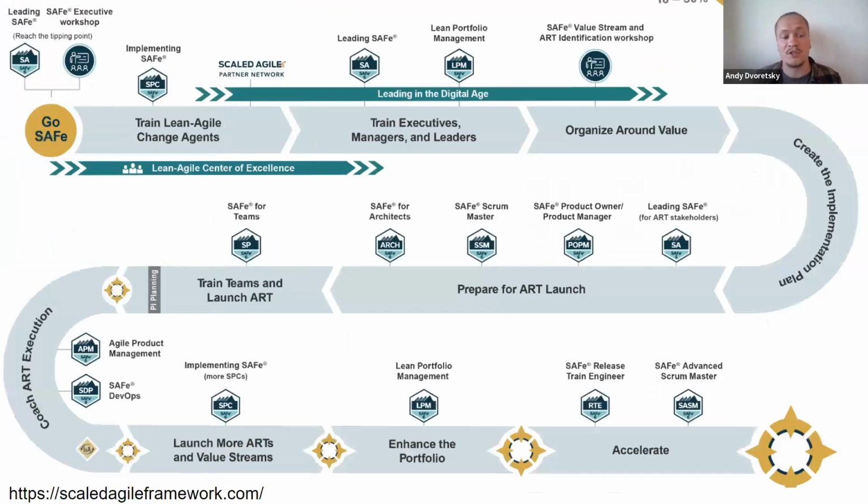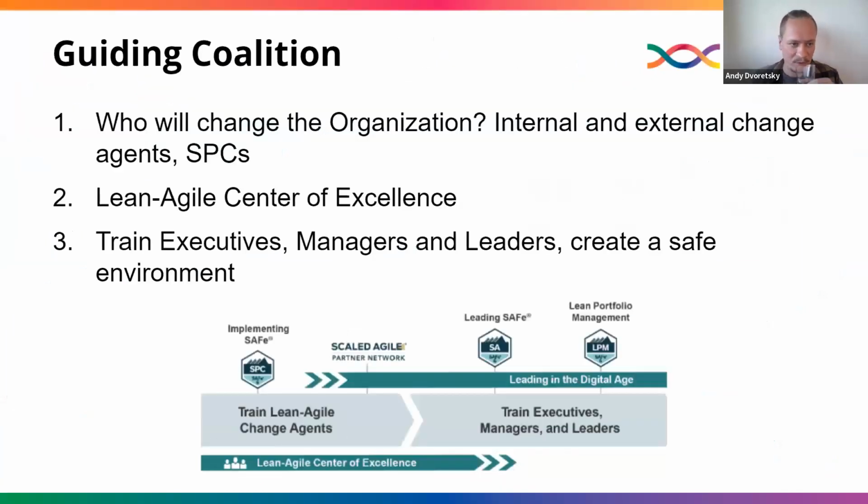Then when the decision is made and we say from the top of the organization that we are ready to go SAFe, the next few steps are dedicated to building the guiding coalition of our upcoming transformation. These steps are to answer the question, who will change the organization, in persons, right?